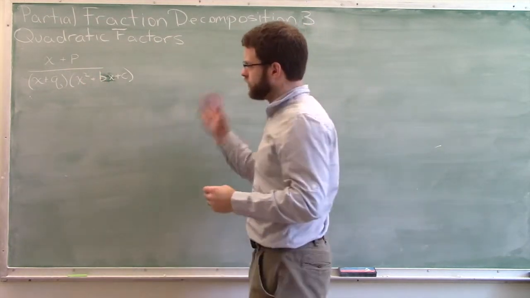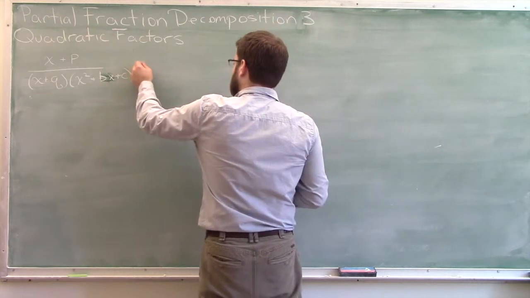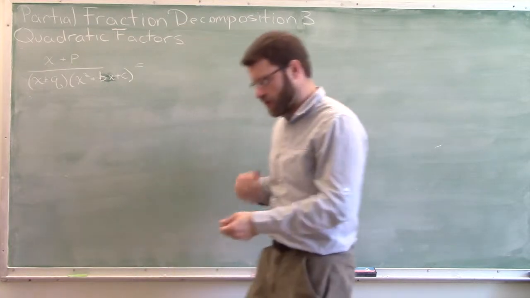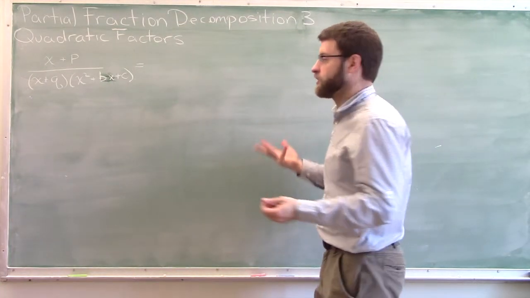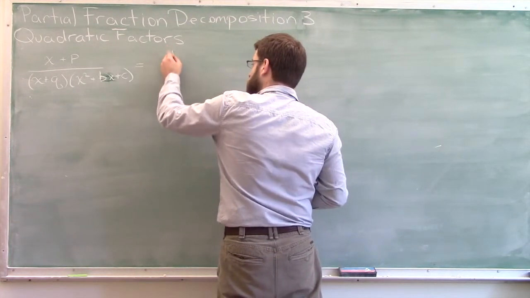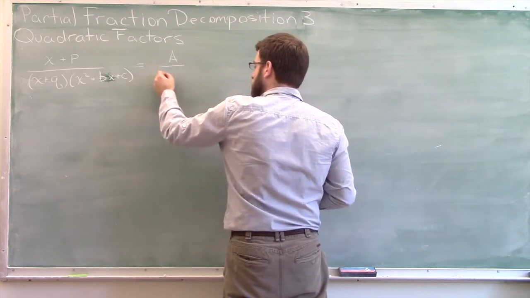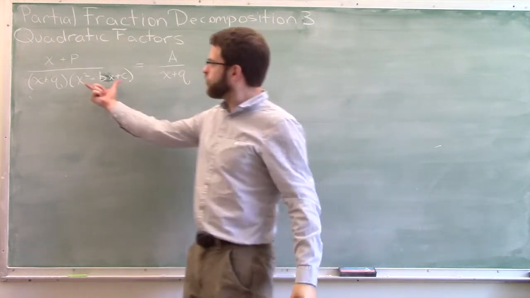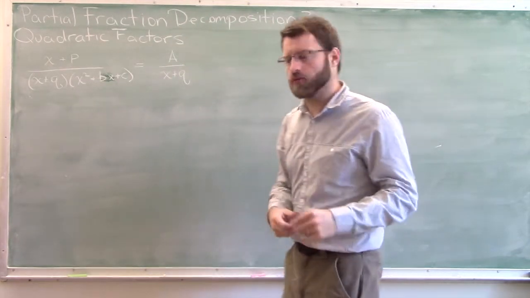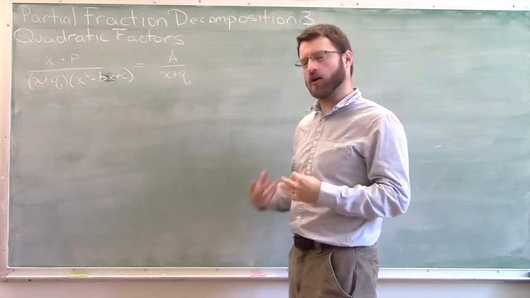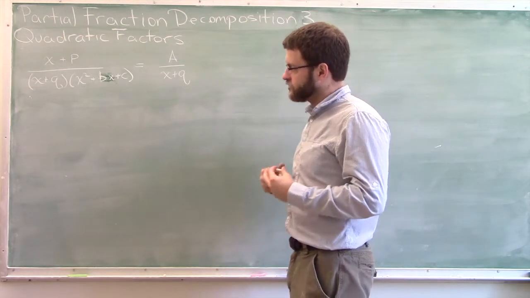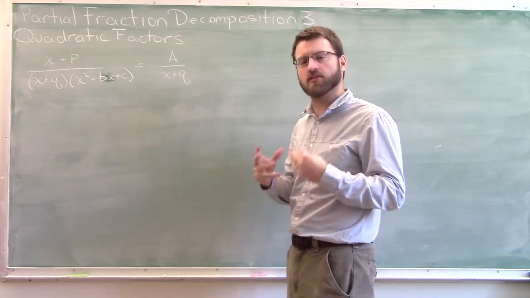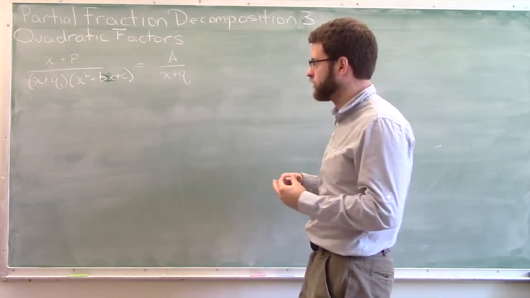So if we have a rational function like this, if we're going to propose a partial fraction decomposition, the linear factor is treated the same way it would be if I just had linear factors. It gets one term with a constant divided by that linear factor. But this quadratic factor, if it doesn't have any real roots, it turns out that to cover all our bases, we're going to need to introduce two different pieces into our partial fraction decomposition.